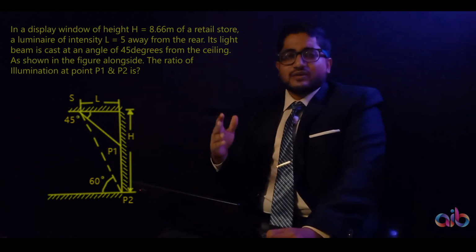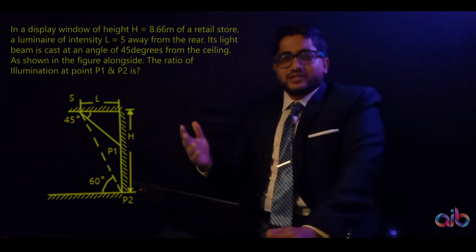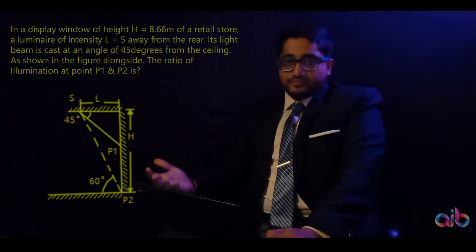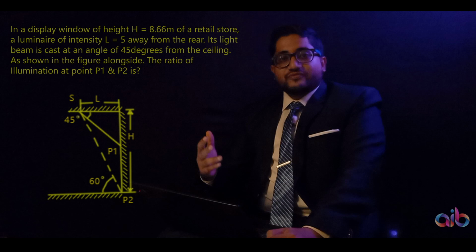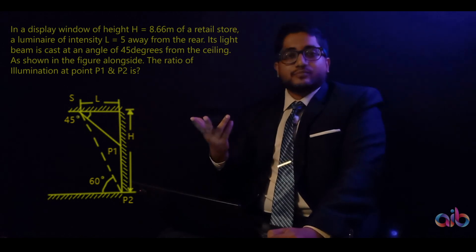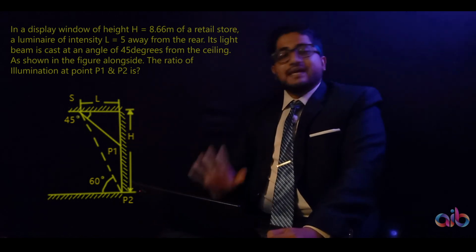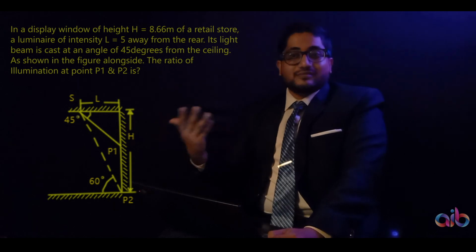So E equals I cos theta by d squared would be the prime equation, the driving equation that you would use, and from that you would find the ratio of intensity at both the locations. So we'll keep this sum for your homework or exercise and get back to us.